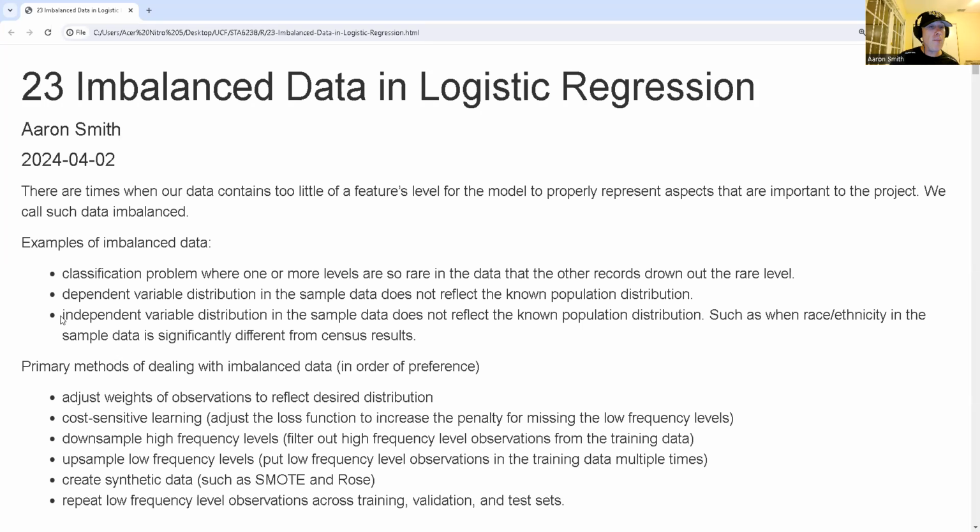Now, the last one, and this one does not get enough attention. This is where one or more of our independent variables do not reflect a known population distribution. So let's say from the census, I know that 20% of the population is African American, and when I go out and I sample, I collect my data, and I've got under 5%.